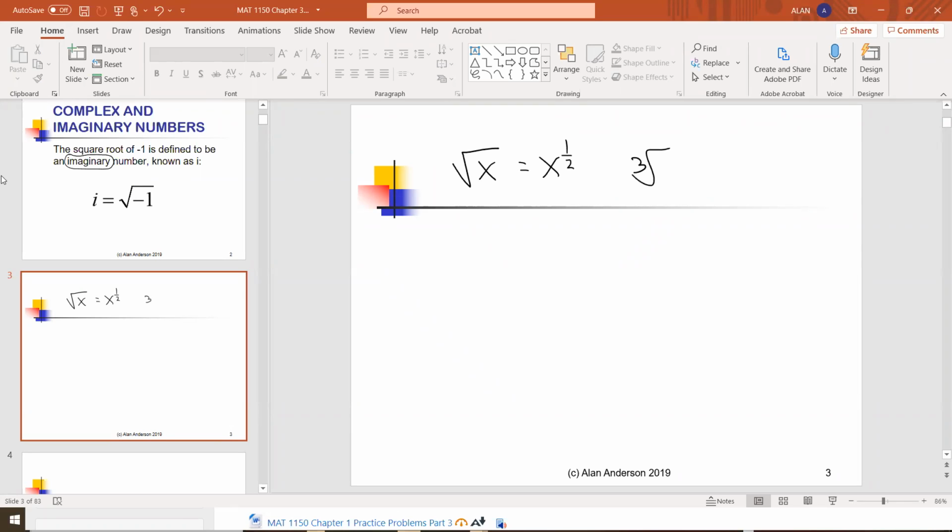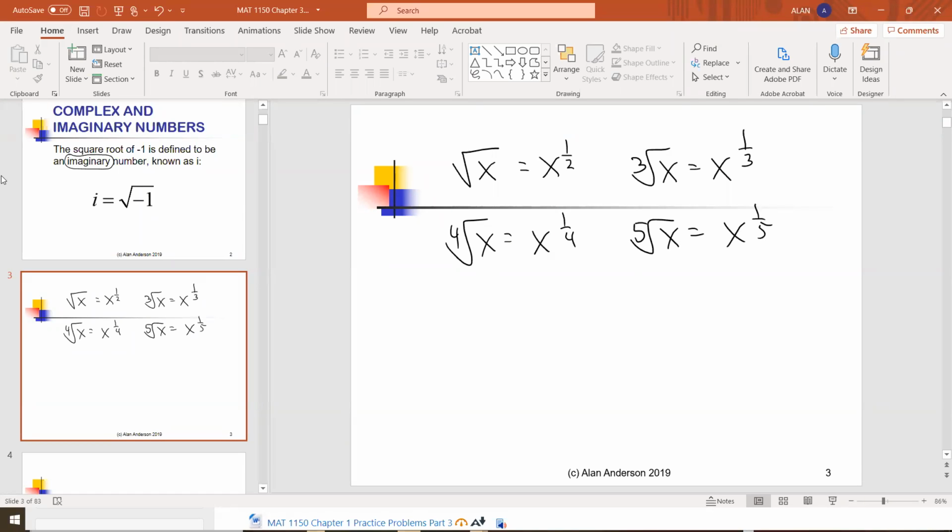If you take the cube root of a number, this is equivalent to x to the 1/3 power. And then you can have, for example, the fourth root. You can have the fifth root. And then so on and so on.